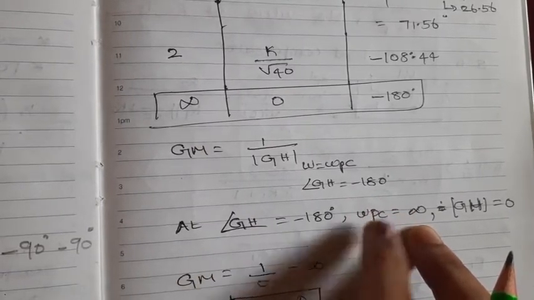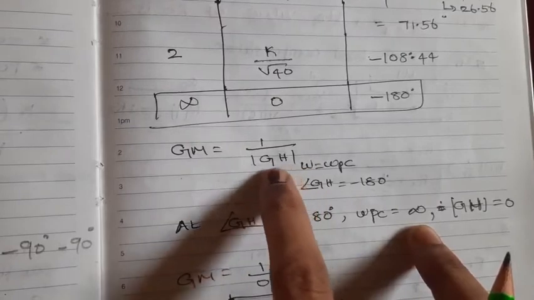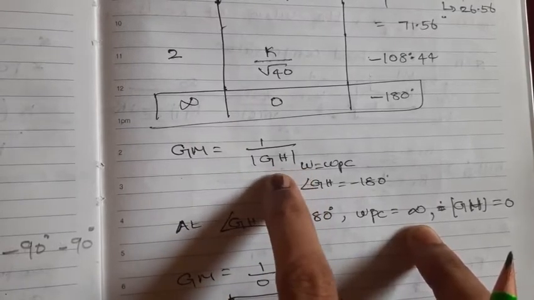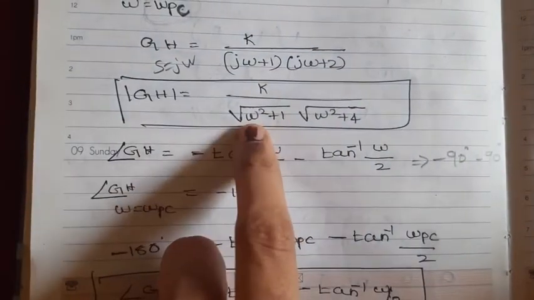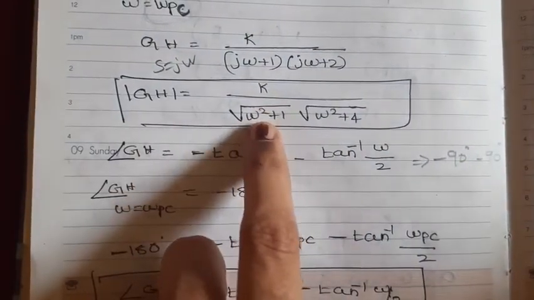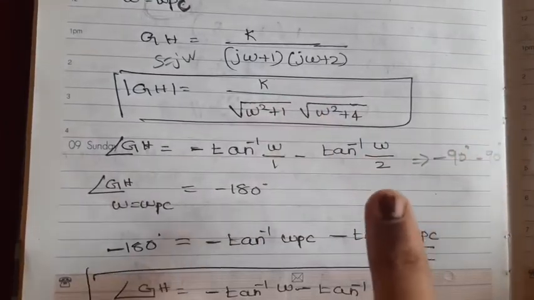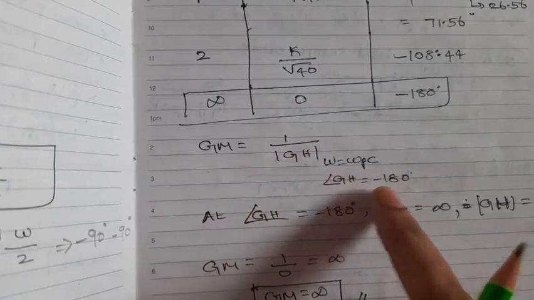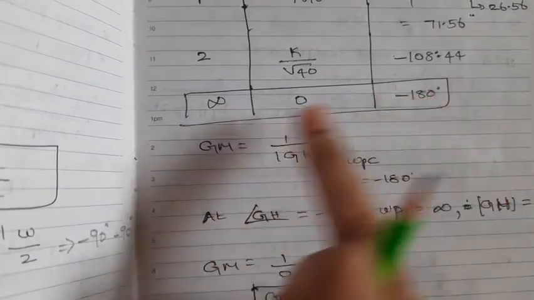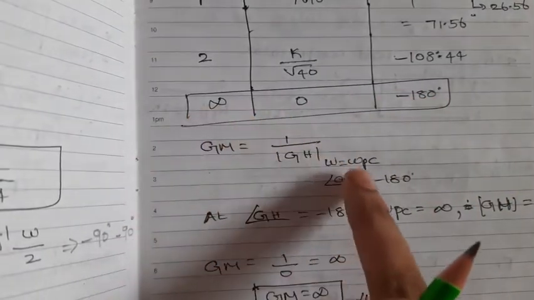Now just substitute omega PC equal to infinity in the magnitude value of GH. What will we get? This is the formula, right? 1 by modulus of GH at omega equal to omega PC, whenever the angle is minus 180 degrees. What is the omega PC value?